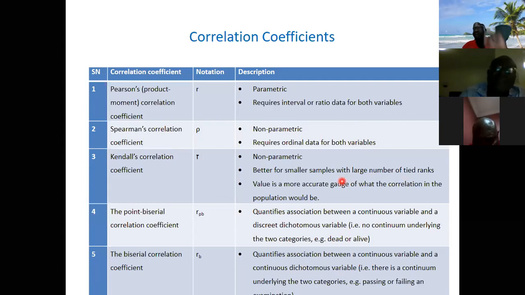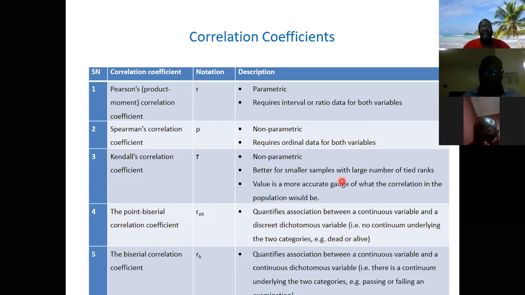That particular formula where we derive correlation from covariance is the Pearson product moment correlation. If you look at the product here, you are just multiplying the two deviations.